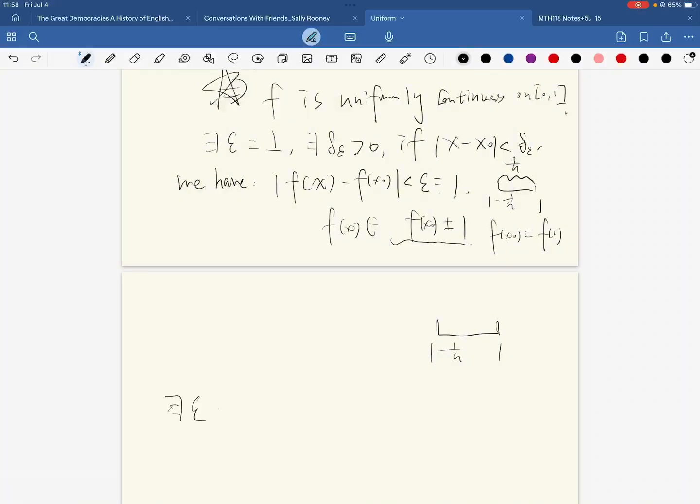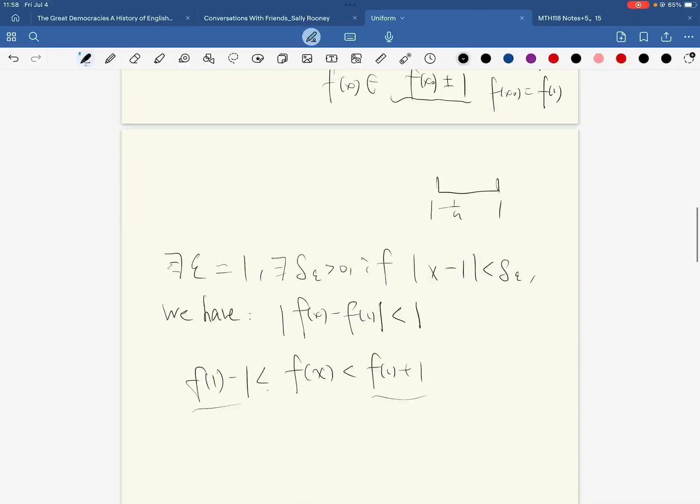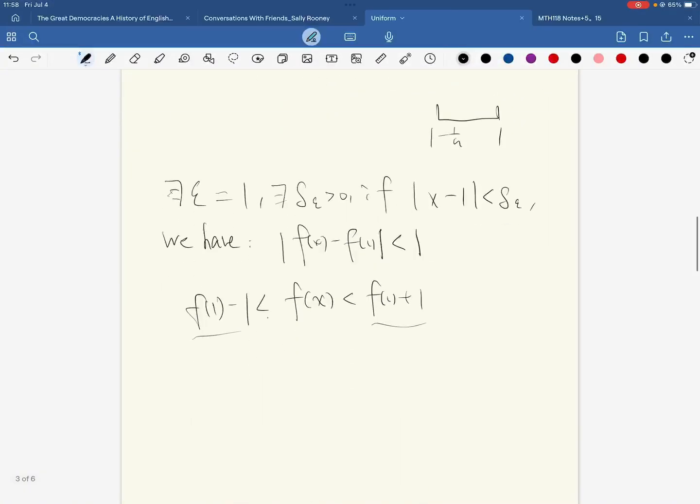We have, for all x in the delta neighborhood, so we know that actually it's a constant that's not relevant to any indeterminate thing.